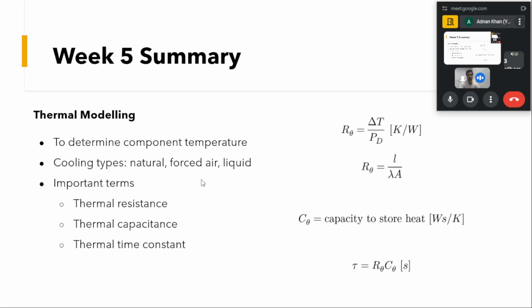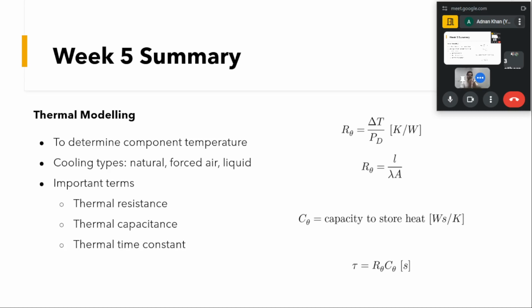The other important term is the thermal time constant. It is given by the product of the thermal resistance and the thermal capacitance. What it gives is, for a particular power, how much time the device or the heat sink takes for the change in temperature.